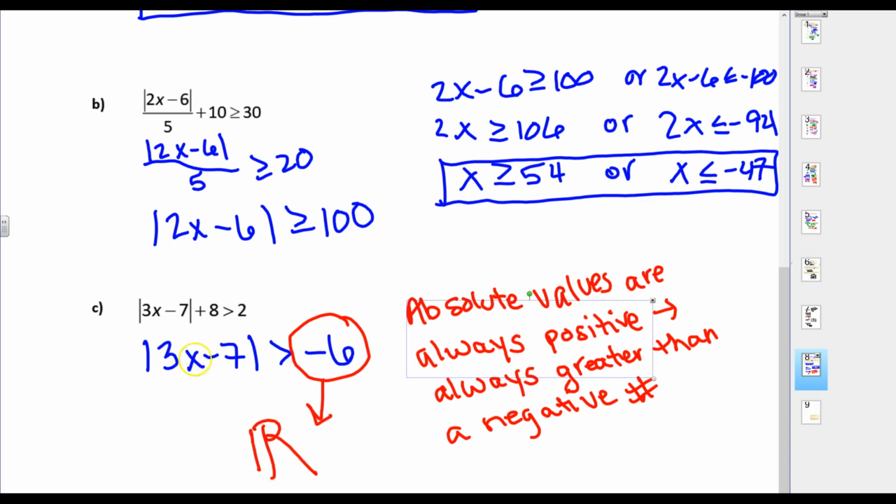No matter what I put in for x, anything in this absolute value will churn out a positive number, which will always be greater than -6. So that one's kind of fun that way. So let's keep looking at some more.